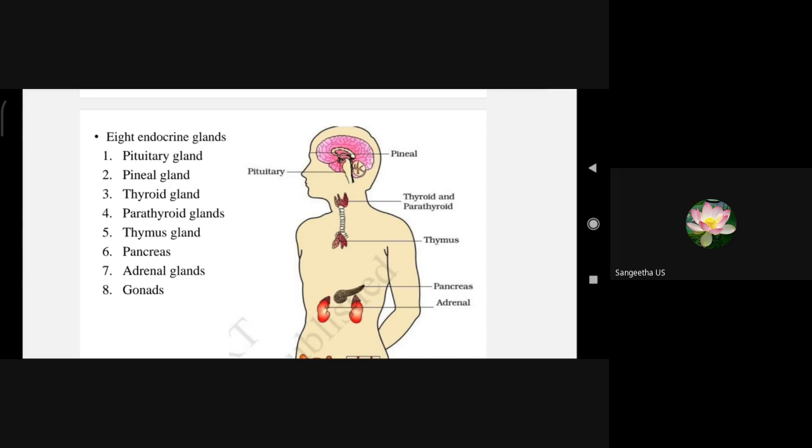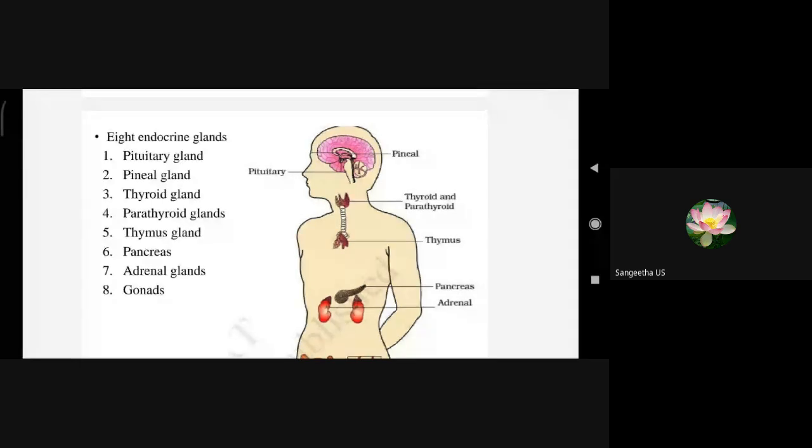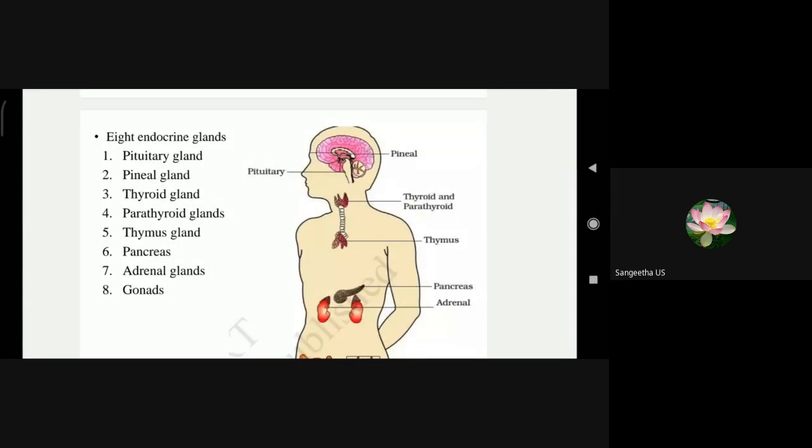So we can't call the pituitary the master endocrine gland. The pituitary is governed by the hypothalamus. So the master is the hypothalamus. Yes, the pituitary regulates all other endocrine glands. It is the governing body of all other endocrine glands, but the pituitary is also governed by the hypothalamus.